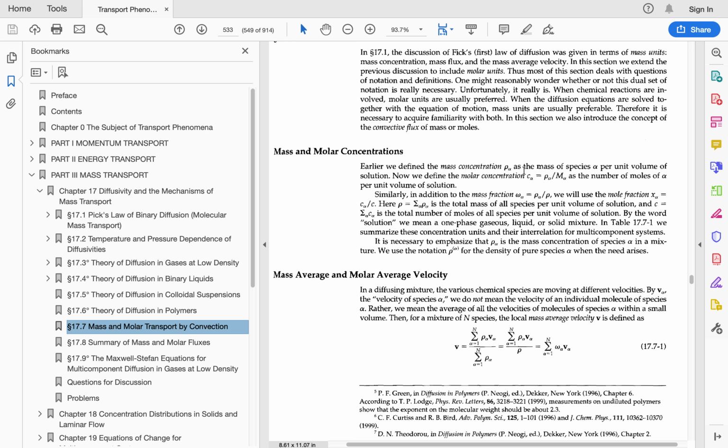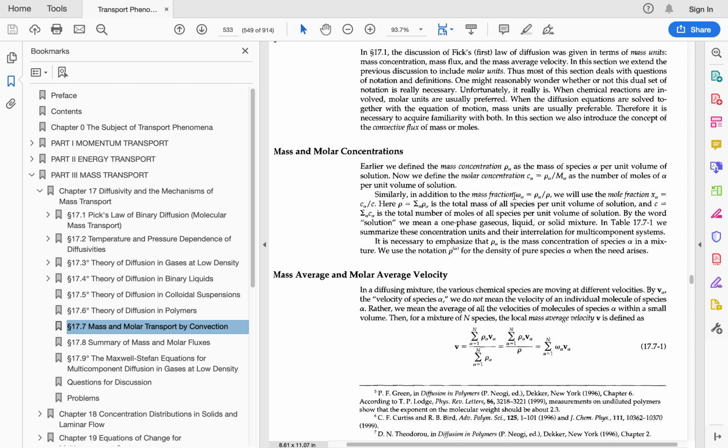A mass concentration, or rho_alpha, is the mass of species alpha per unit volume of solution. For molar, you always say concentration, or C. Concentration is the number of moles of alpha per unit volume of solution, or rho_A divided by the molecular mass of alpha.